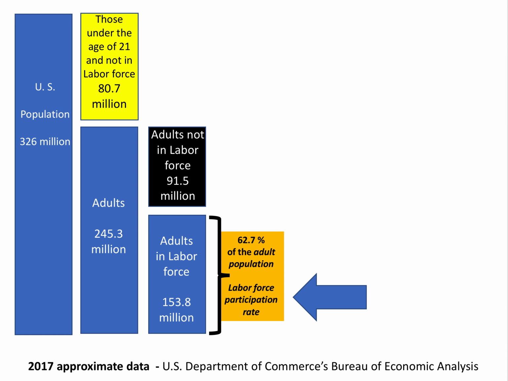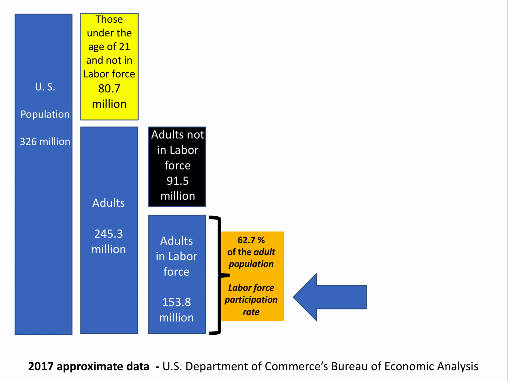Moving on a little further, what we're interested in computing unemployment for is only related to labor force participation. In other words, who are the people who are actively involved in the labor force? Okay?